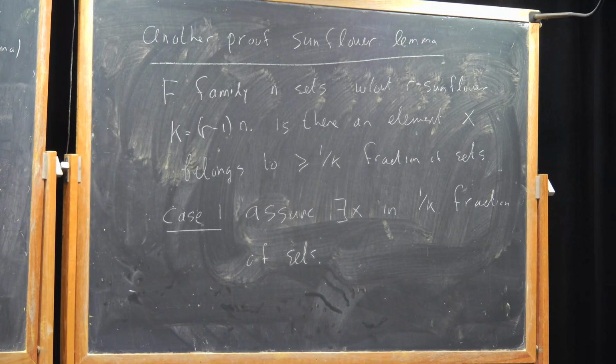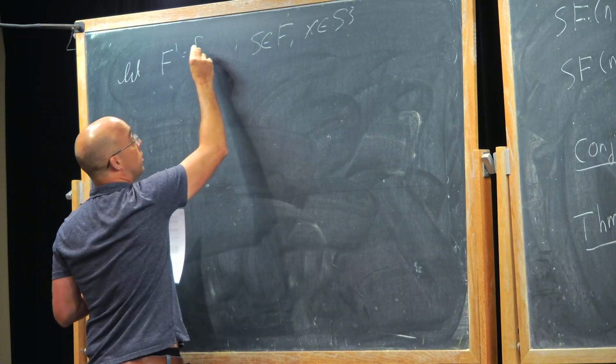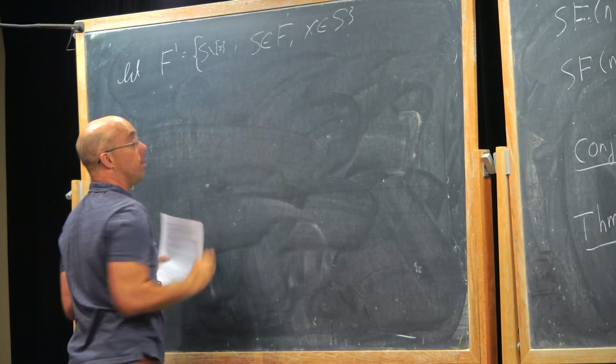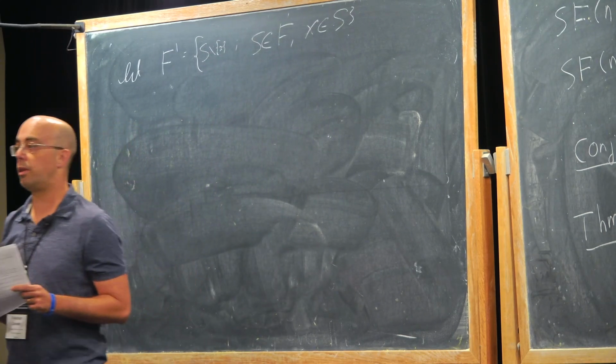So let's define F prime to be, we're going to take all the sets in our family that contain this element x, and we're going to remove it. We take S minus x. Okay, we just remove this element from them.